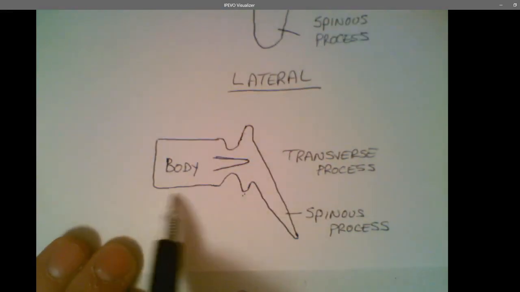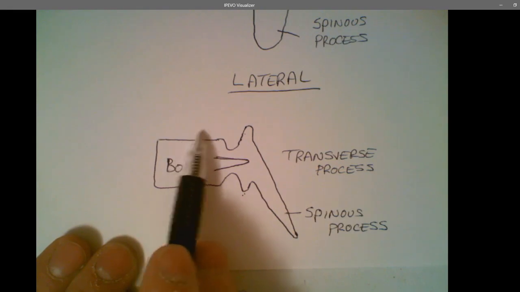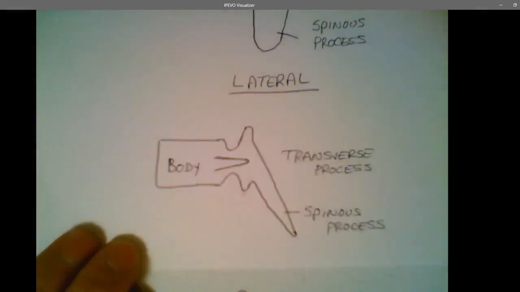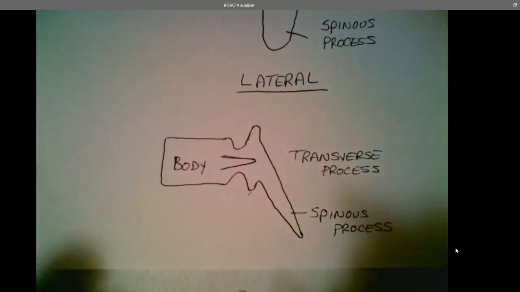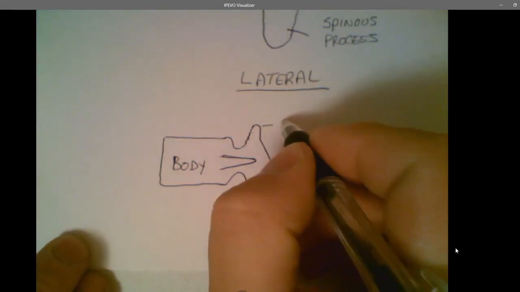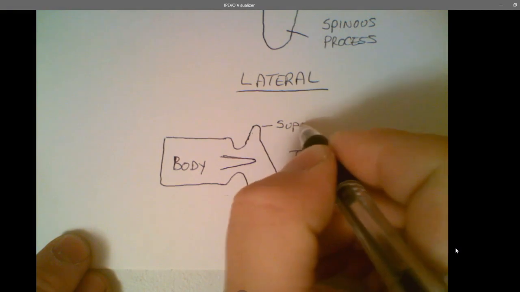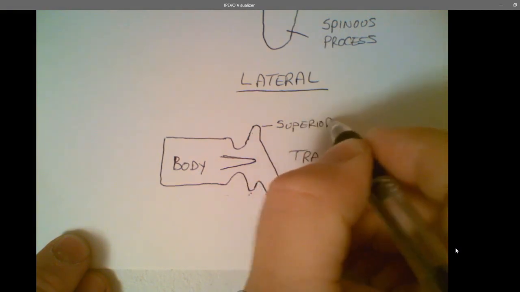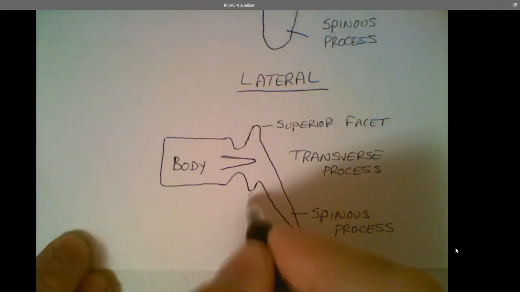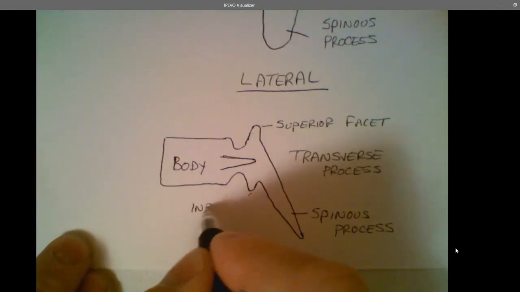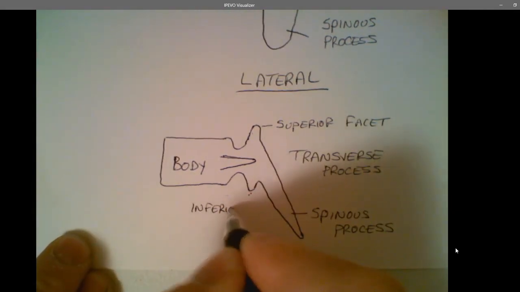They're where the vertebrae below and above are going to articulate with that vertebrae that I just drew. So this top is the superior facet, and then on the bottom is the inferior facet.